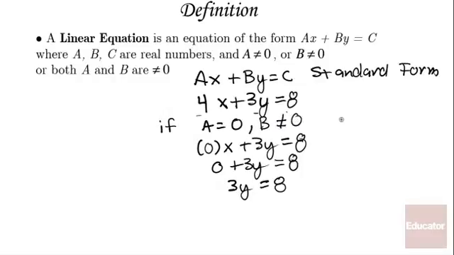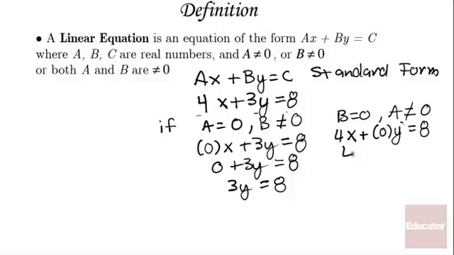Now, another possibility is that b equals 0, but a does not equal 0. So in that case, I would still have a equals 4, so 4x, plus this time I'm going to have b equals 0. So it would be 0 times y equals 8.